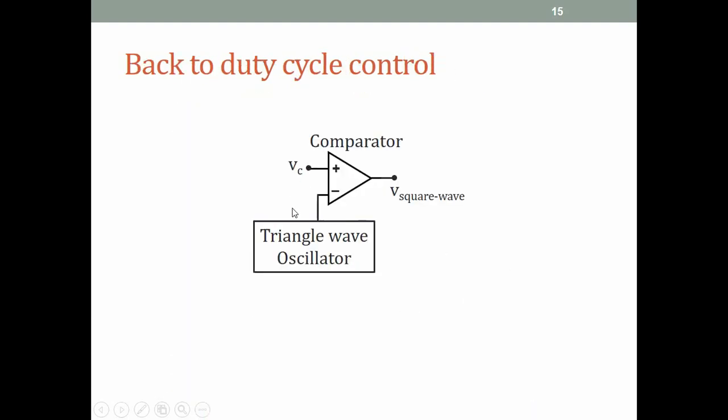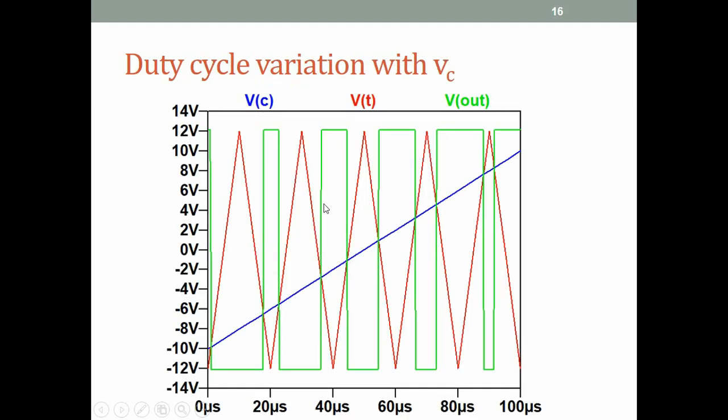Let's say this is the triangle wave, VT. VC is the slowly varying voltage. This is a triangle wave between plus and minus 12 volts, and VC is varying from minus 10 to plus 10.